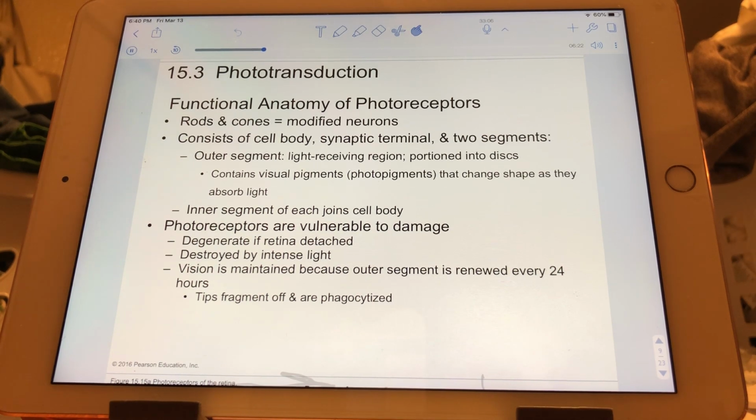Each one will have a cell body, a synaptic terminal, and 2 segments, an outer segment and an inner segment. The outer segment is actually the portion of the photoreceptor that is stimulated by light. It's the portion that light is headed toward as it moves along its pathway.